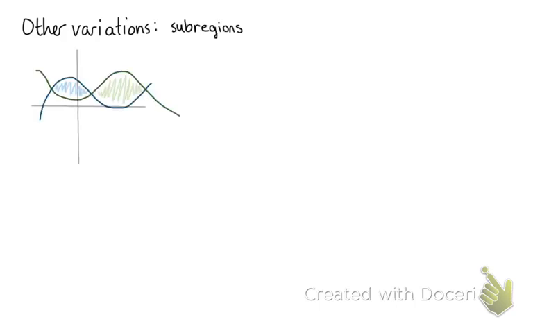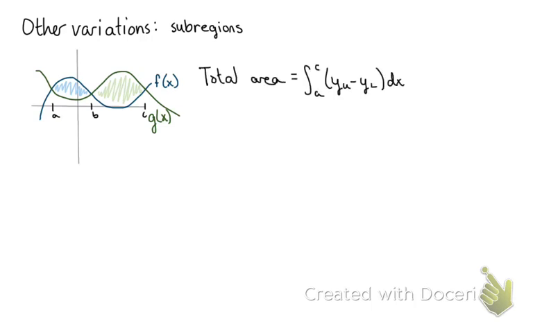Sometimes you might try to find points of intersection and find there are 3 points of intersection, or maybe more. So it might look something like this. If I want to find the total area in there, what can I do? Well, the total area shaded between f of x and g of x would be the integral from a to c of the upper y value minus the lower y value.